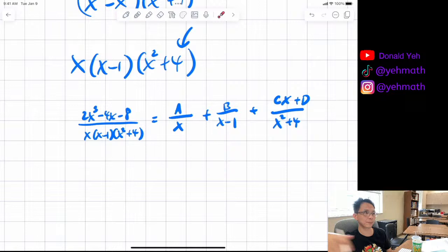So it'll be Cx plus D. So if it was x cubed plus 4, for example, it would be Cx squared plus Dx plus E. E is the next letter, right?